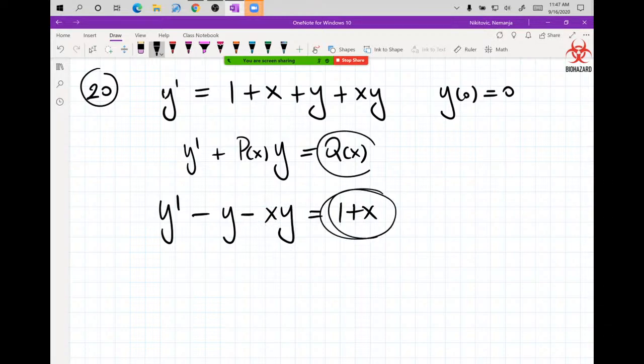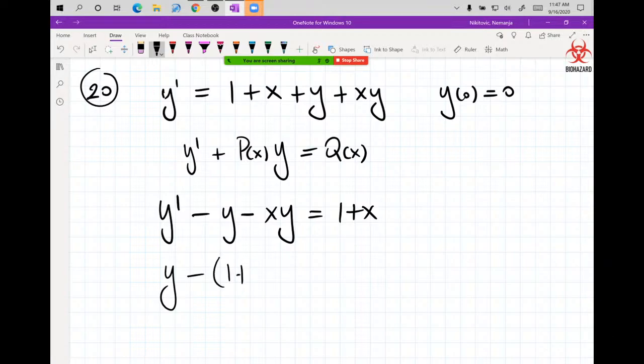See, the leftover is all in terms of x, exactly where we need it. So what do I have? I have y prime minus 1 plus x times y equals 1 plus x. That's when I factor y, so I can have p times y. So p of x is 1 plus x. Sorry, p of x is negative 1 plus x.